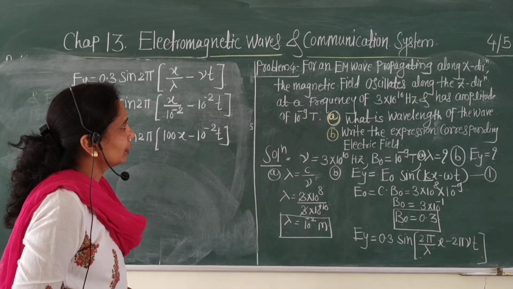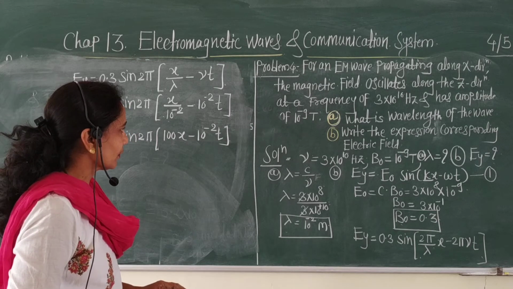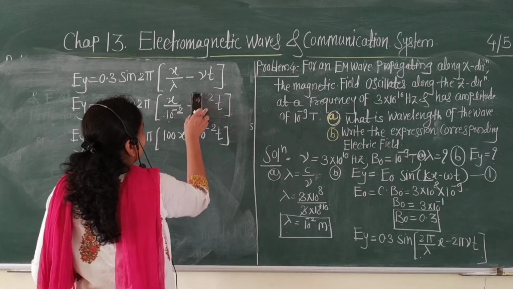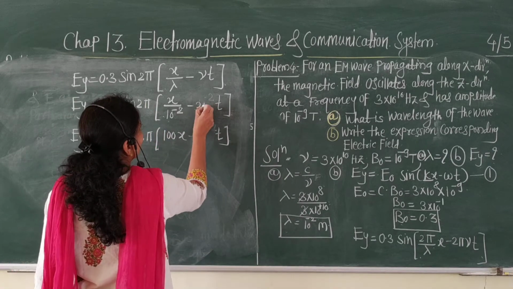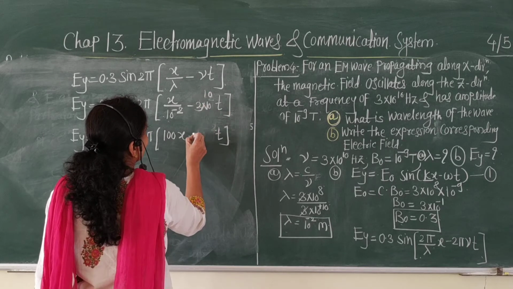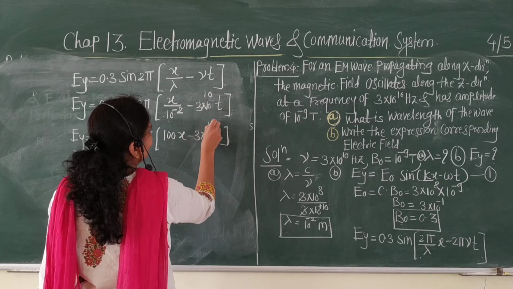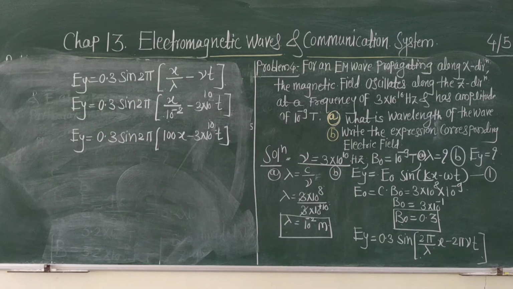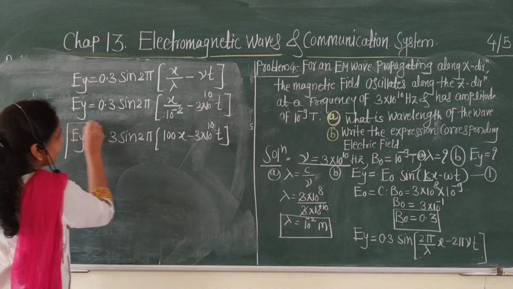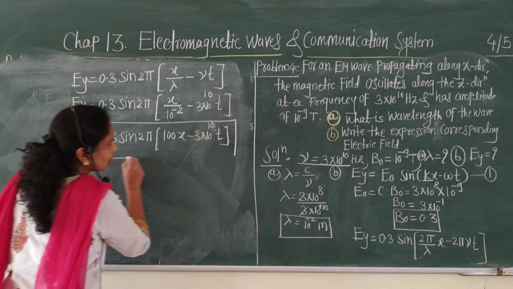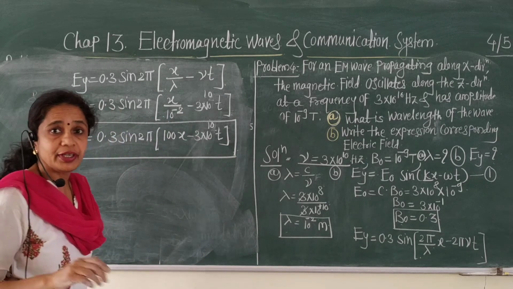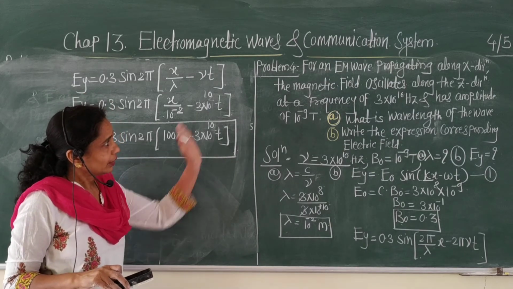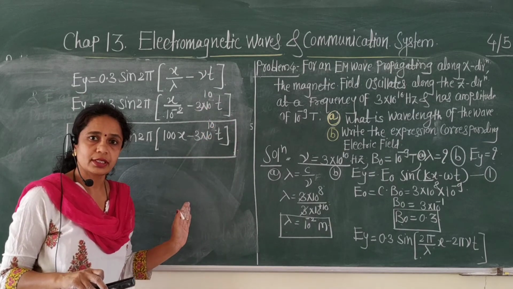The value of ν is 3 into 10 raised to 10, so ν is given as 3 into 10 raised to 10 into t. And this is the equation of the corresponding electric field EY. In this way you can solve this problem.